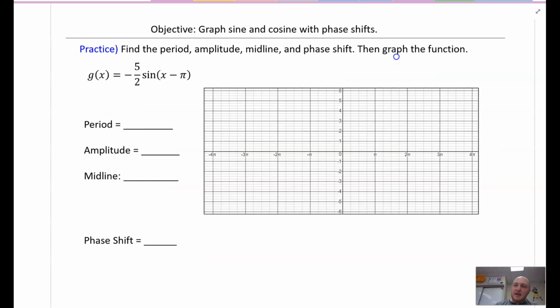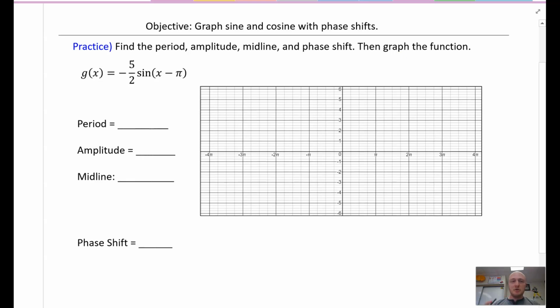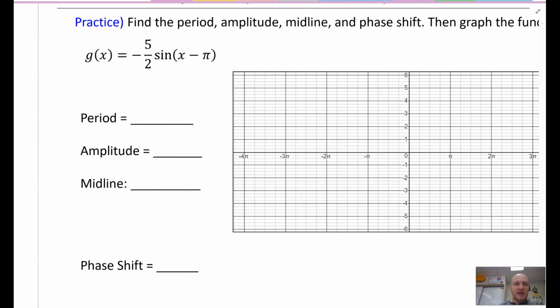All right. So here is a practice problem. Please pause the video. Give this one a go. And I'll be back really quickly to talk about the period, amplitude, midline, and phase shift. All right, hopefully you went ahead and tried this one. Again, we don't have a 1 over b value, it's just 1, so your period's going to be 2 pi.